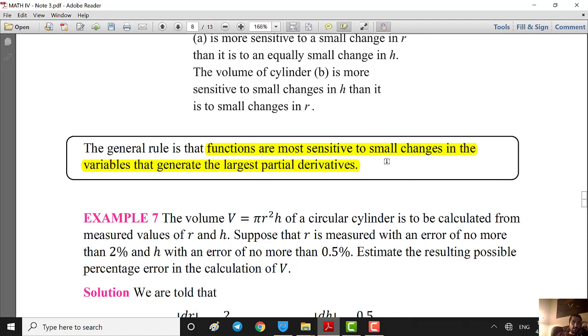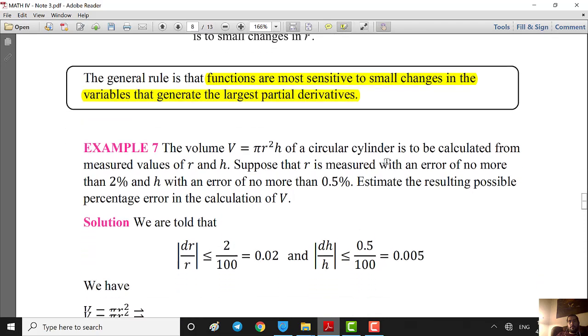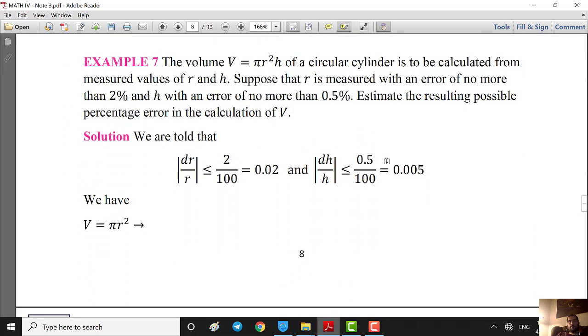Because the variable that generates the larger partial derivative in the total differential formula is going to have the biggest coefficient, right? That is a very important point to keep in mind. Now, off to the next example.